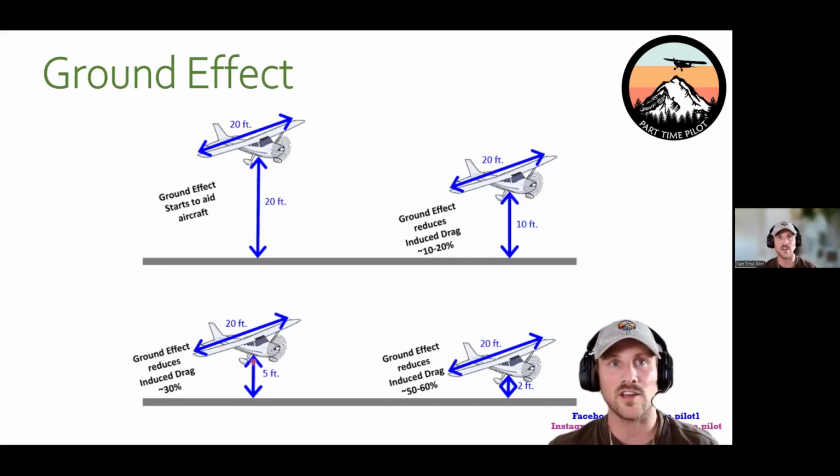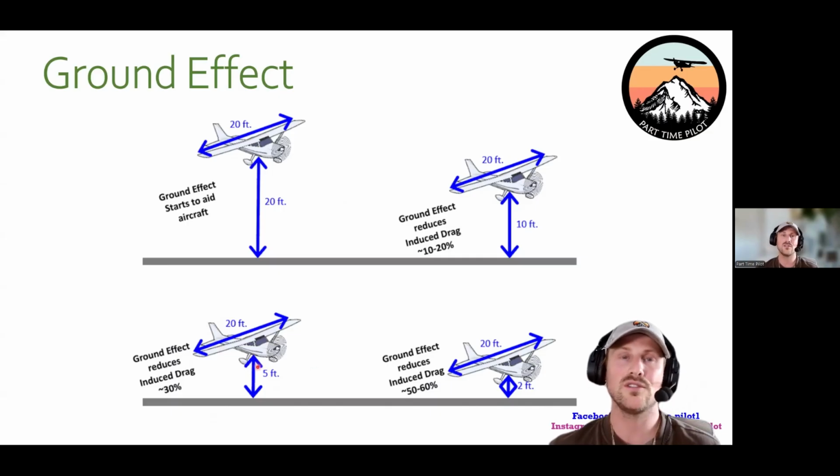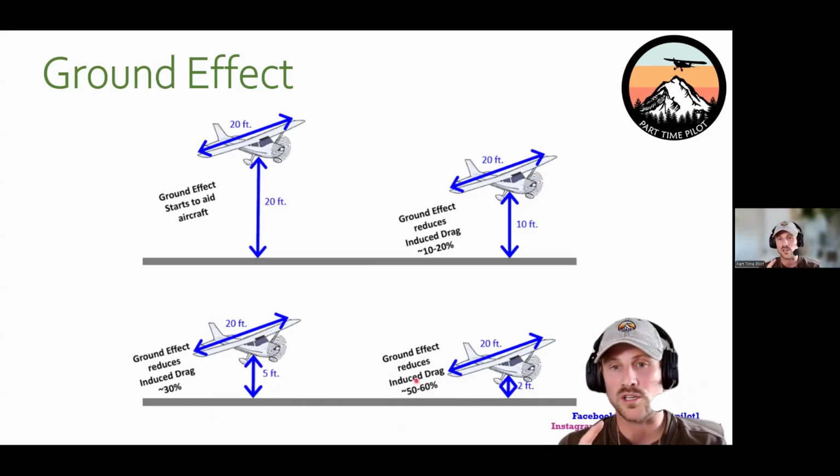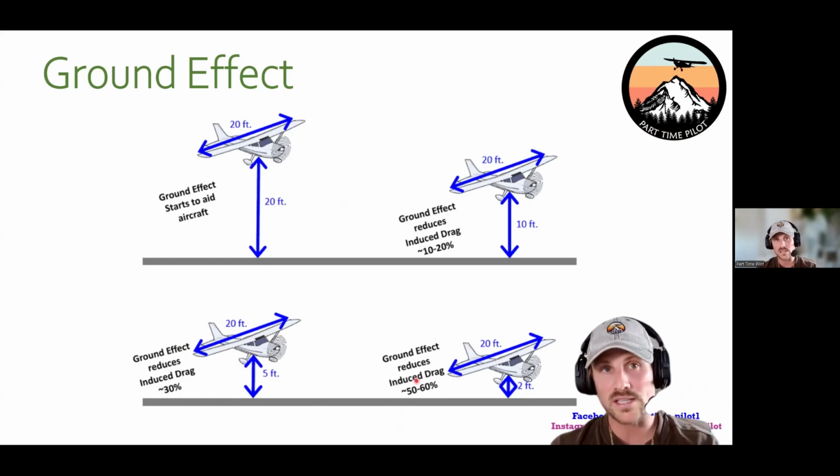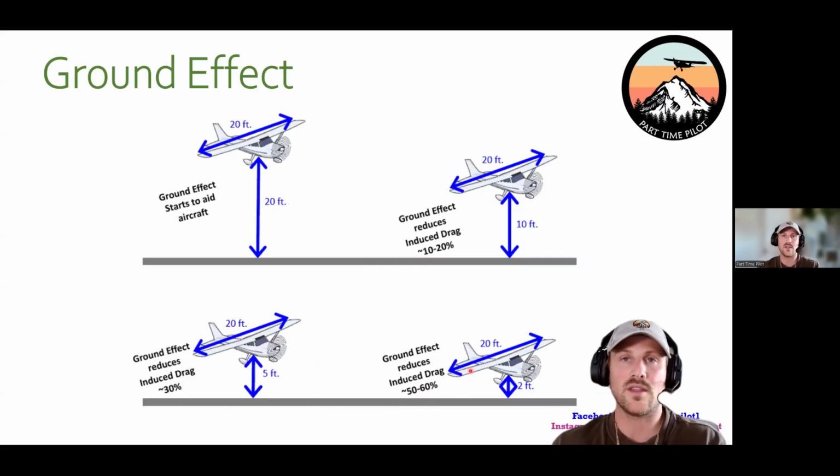Now you're also in ground effect, which increases lift. So now you just have too much lift and your aircraft just doesn't want to come down. That is why you have to be so good on your airspeed and so precise on your approach speed, because with any excess airspeed, you're going to just continue to glide in ground effect because of that excess lift.